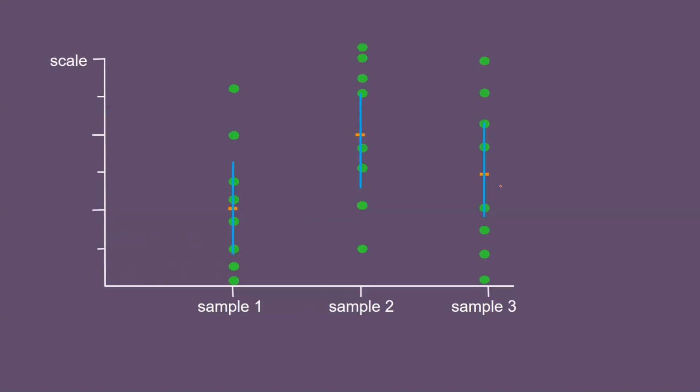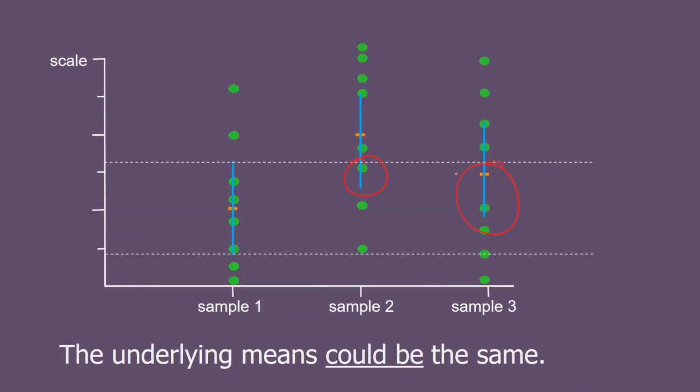So if we look at sample 1, that's a range of plausible values for the mean for group 1. Well, contained in that are some plausible values for the mean for group 2 and some plausible values for the mean for group 3. So it's plausible here that the three means are the same.